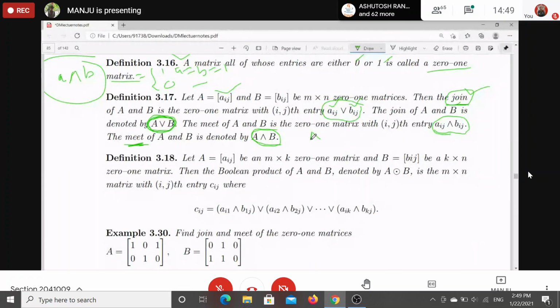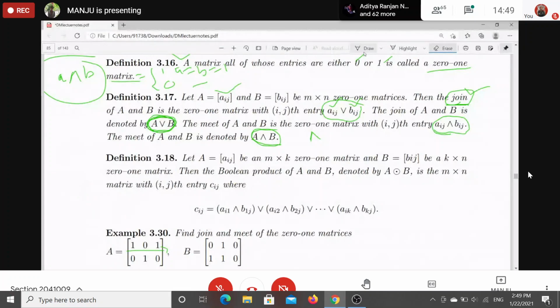We do not take the ith row and jth column here. A11 is getting operated with B11, A12 with B12. That is the corresponding element. These operations are between corresponding elements. Clear?